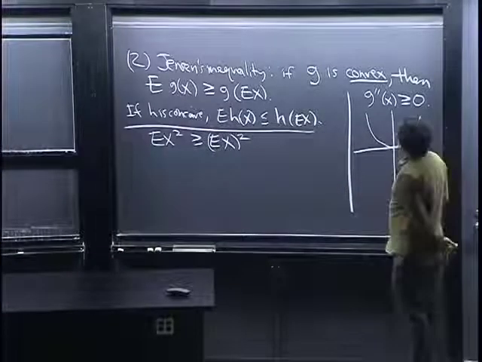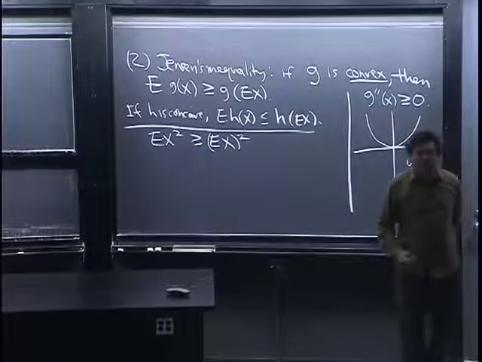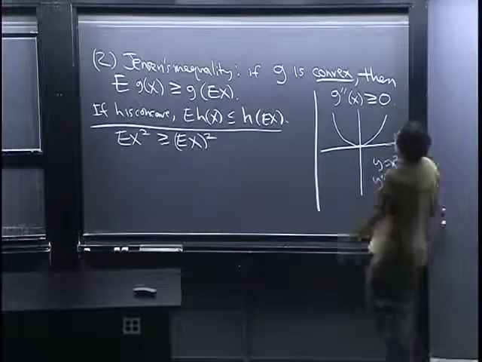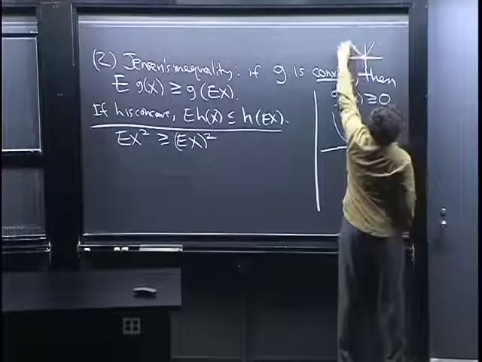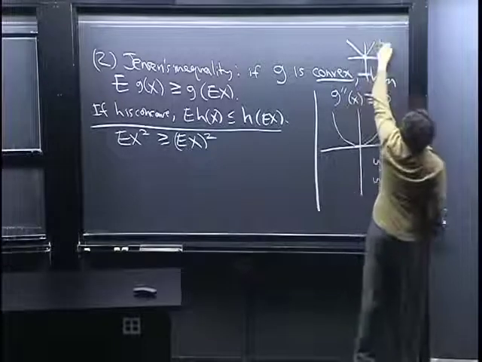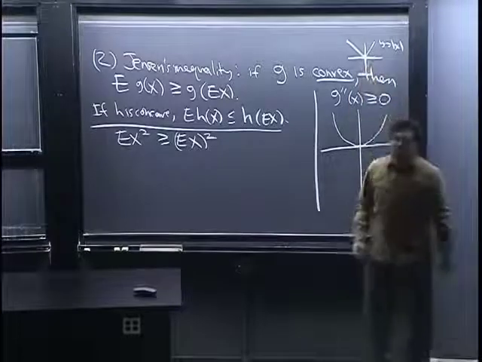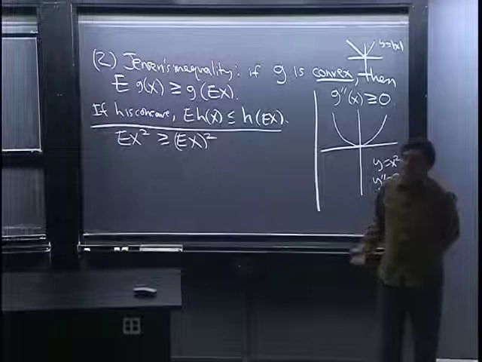So I should say, what's the definition? The second derivative is usually the easiest way to figure out whether a function is convex, but the definition of convex is a little bit more general. For example, if we had an absolute value function, it looks like a V shape, y equals absolute value of x. The derivative does not exist at 0 because it has a sharp corner. That's still a convex function, though.